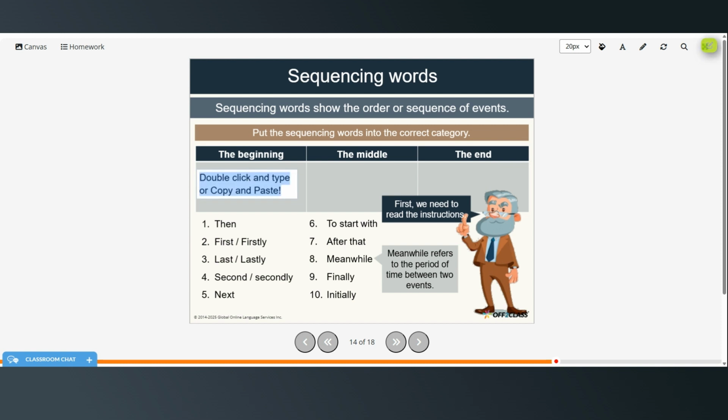So in the beginning we would say first or firstly, to start with, and initially.